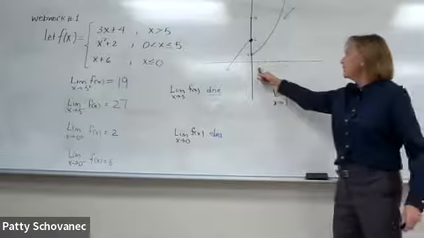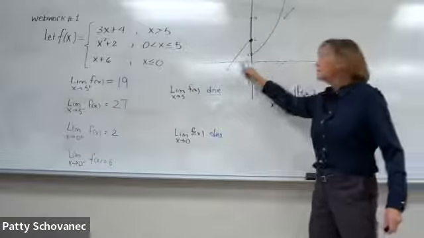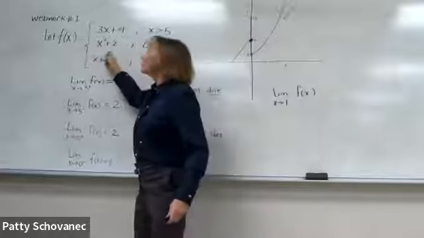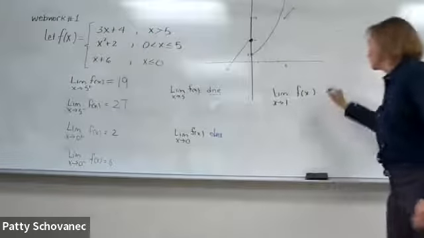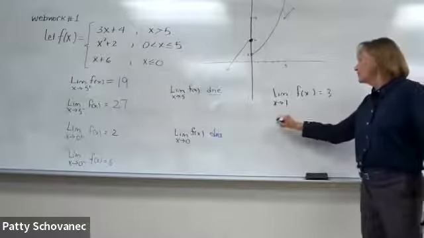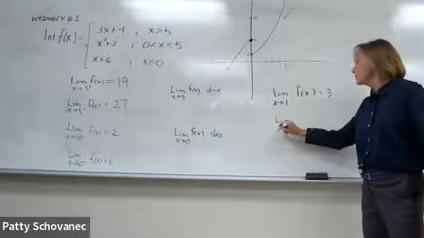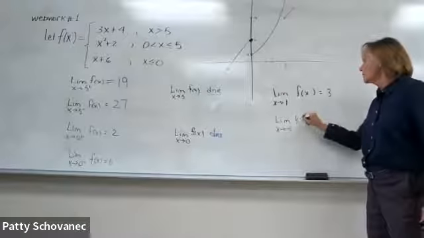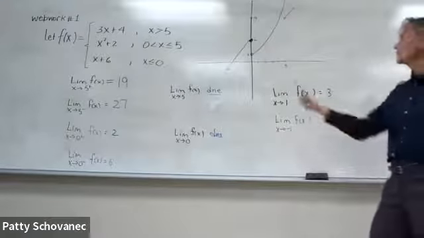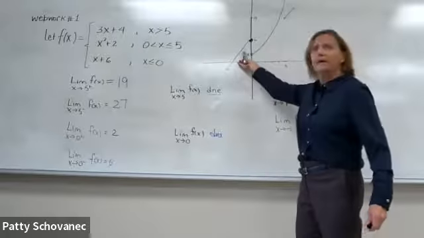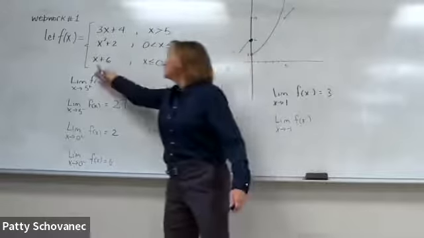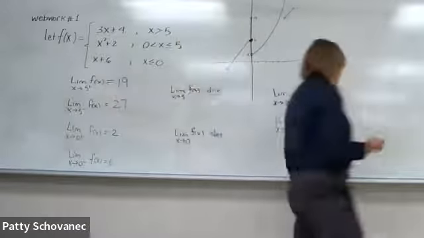When x is going to 1, we're on the parabola. When x is going to 1, we're going to 3. What about if x goes to -1? X is -1, we're on this line. That's this one. -1 plus 6 is sending me to 5.